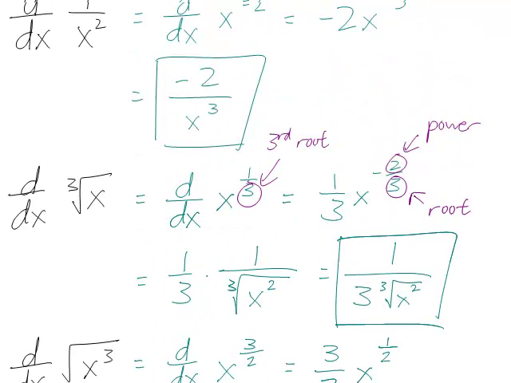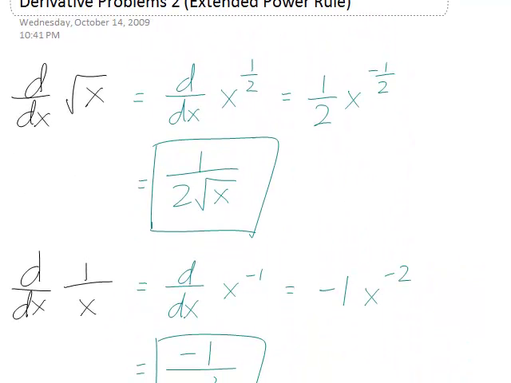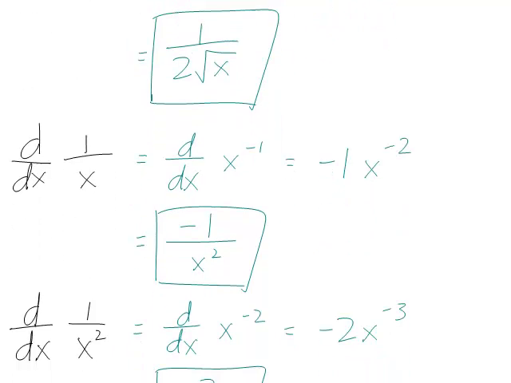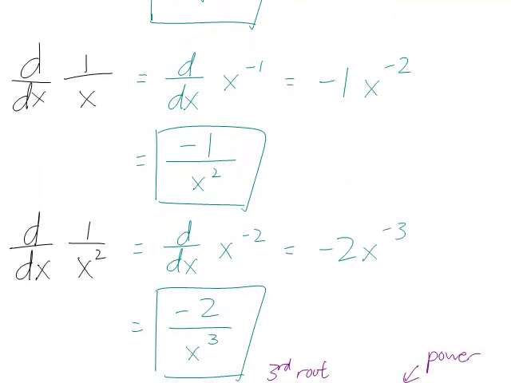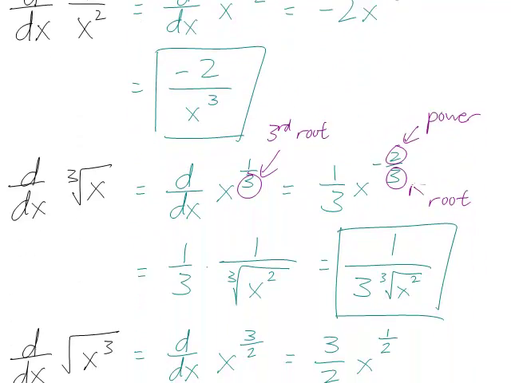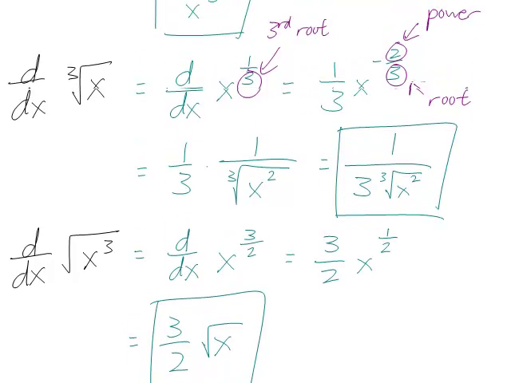So whenever you see a single x with roots and or powers on it, such as these, or if you have 1 over one of these things, you can just rewrite the function as a power function, as x to a power, and then take the derivative with the power rule.